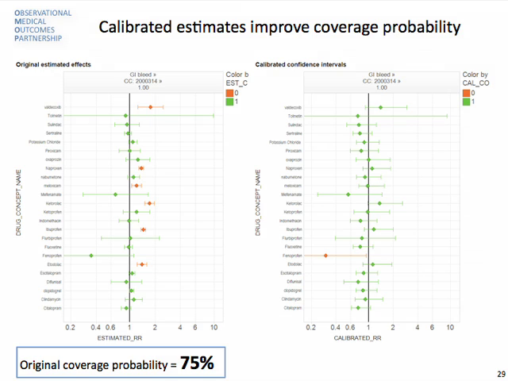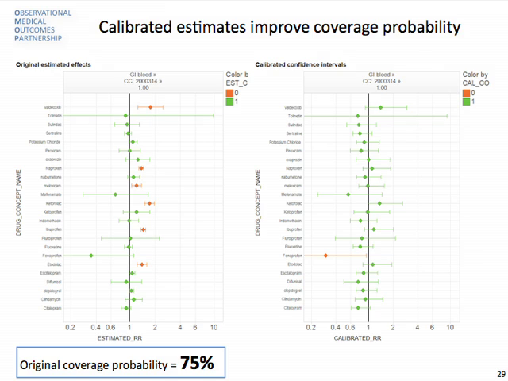So on the right-hand side, this is our calibration. This is after we've applied our empirical model to shift the point estimate and stretch out the confidence intervals. And what you observe on the right-hand side is that those estimates that were statistically significant before, erroneously, like this top one, valdecoxib, were statistically significant before even though they shouldn't have been.